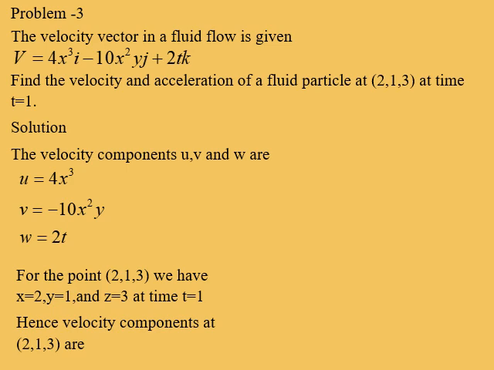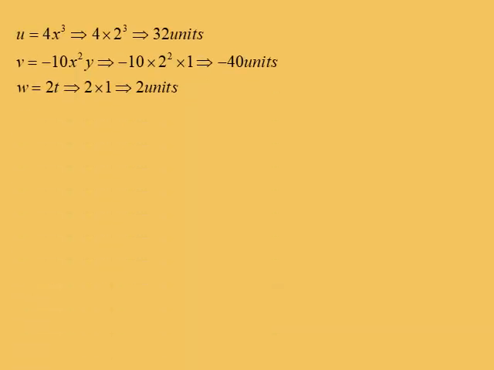Hence the velocity components at 2, 1, 3 are as follows. u is equal to 4x cube. Substitute the value of x, that is 2 cube, so u is equal to 32 units.